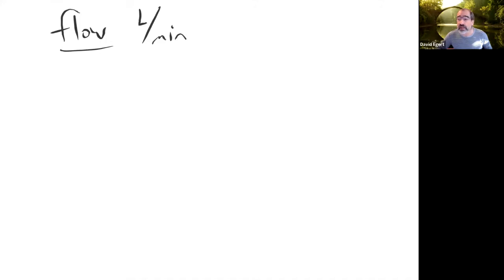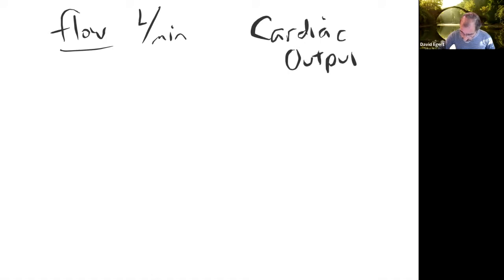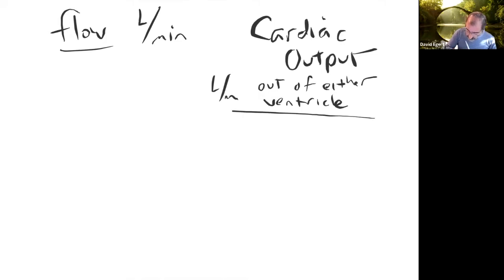And sometimes we'll be talking about flow in terms of more local flow just in a particular region, or sometimes we'll be talking about the overall flow through the whole cardiovascular system, in which case it will be cardiac output, which is basically the liters per minute out of either ventricle. So when we're talking about the whole system, we'll be talking about cardiac output as the flow.